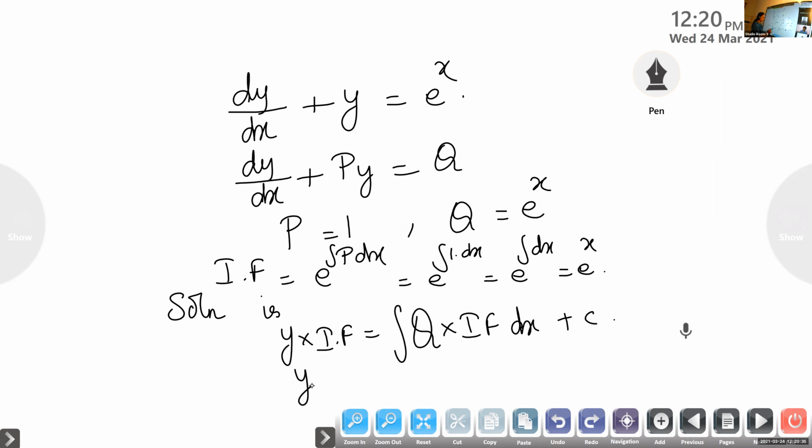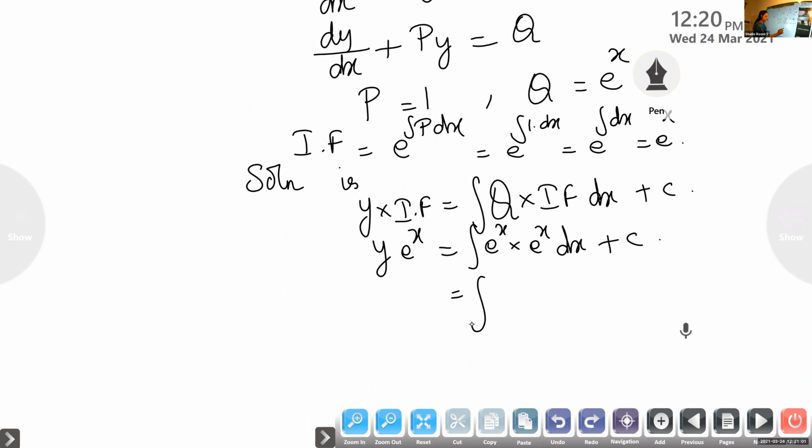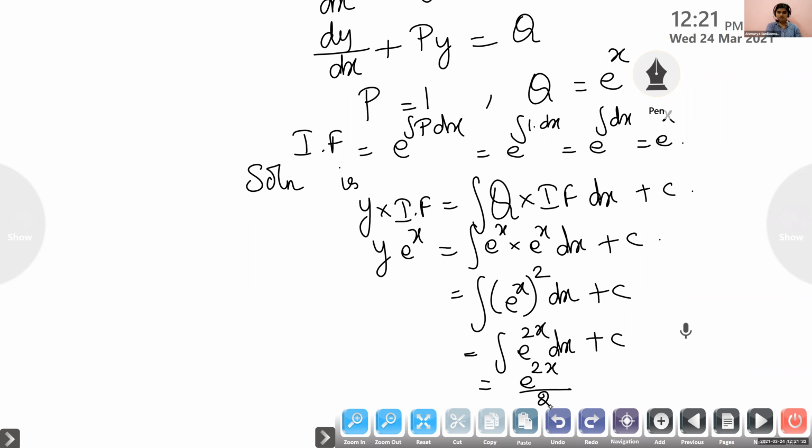So y into e raised to x is equal to the integral of e raised to x into e raised to x dx plus c, which is the integral of e raised to 2x dx plus c. The integral of e raised to 2x is e raised to 2x by 2, not into, it is division, plus c.